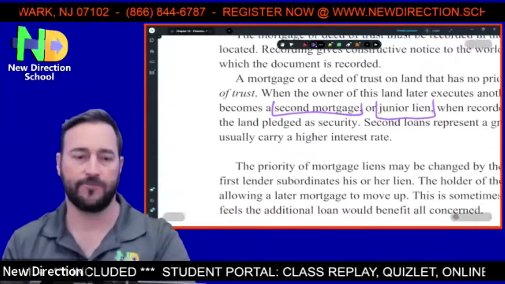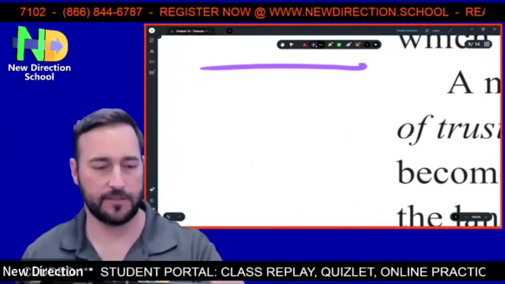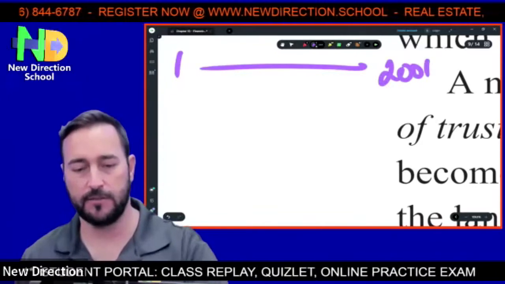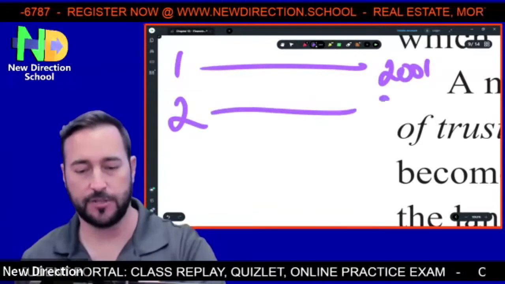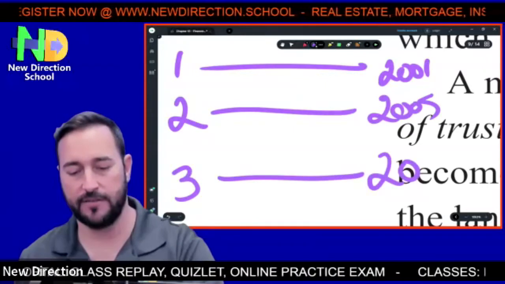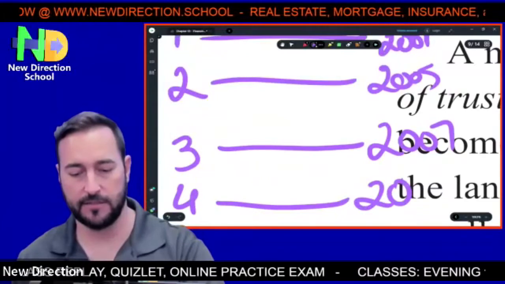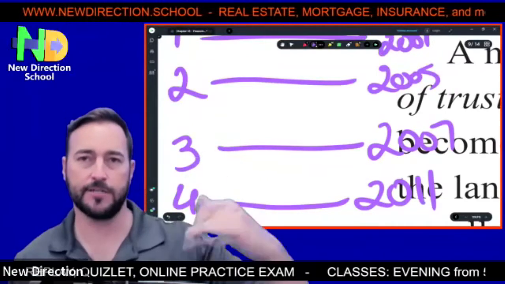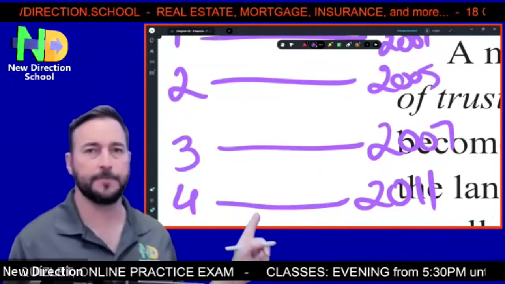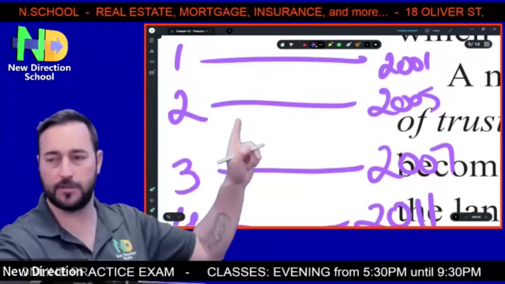So if I have a first mortgage, let's say this is the first, and this was filed in 2001, and then there's a second mortgage in 2005, and then there's a third mortgage in 2007, and then there's a construction lien in 2011, and then whatever it is. I'll address construction liens at a different time, but what we're trying to say here is that number one is superior to number two.